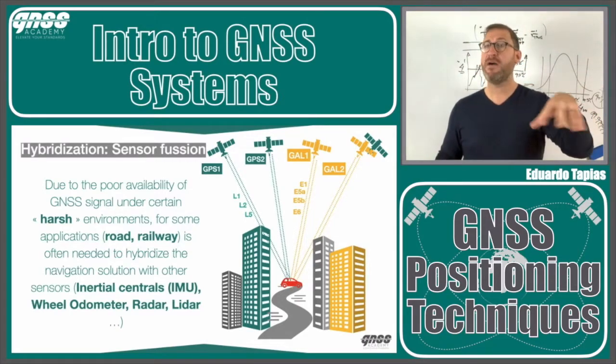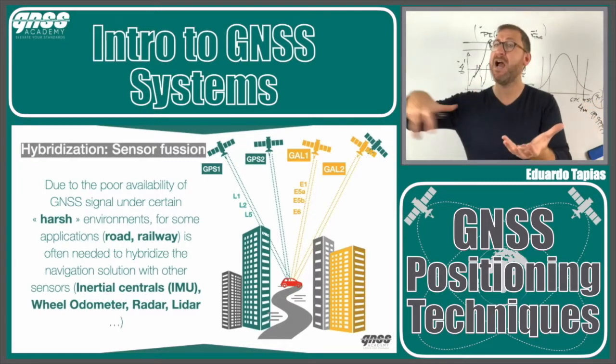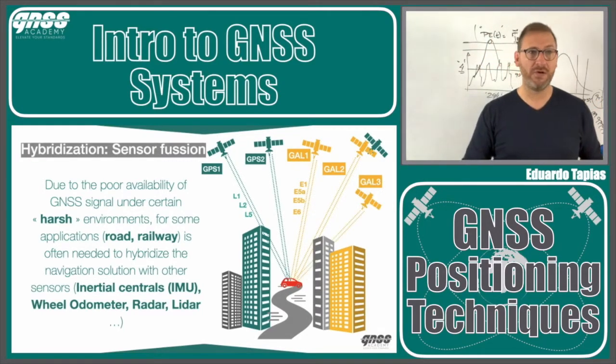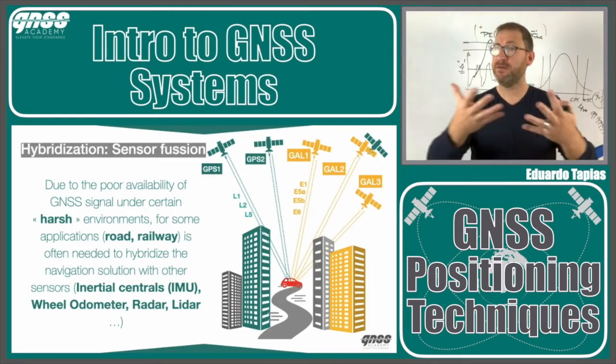Then for this kind of applications, we need what we call hybridization or sensor fusion. It means using other sensors to help the positioning.